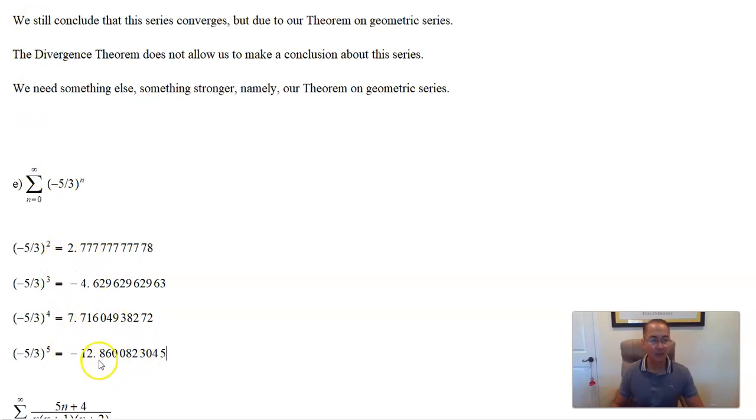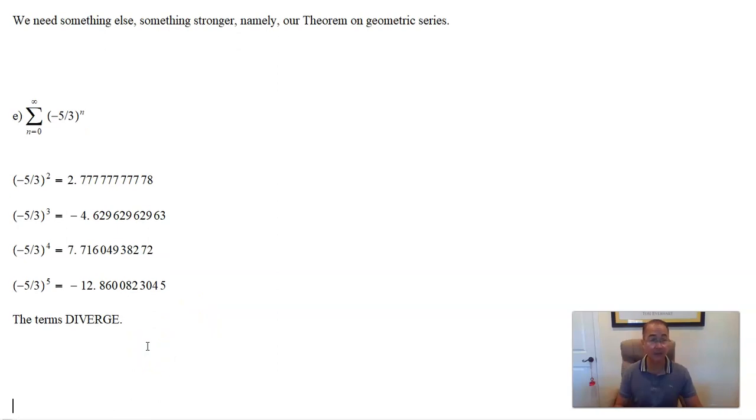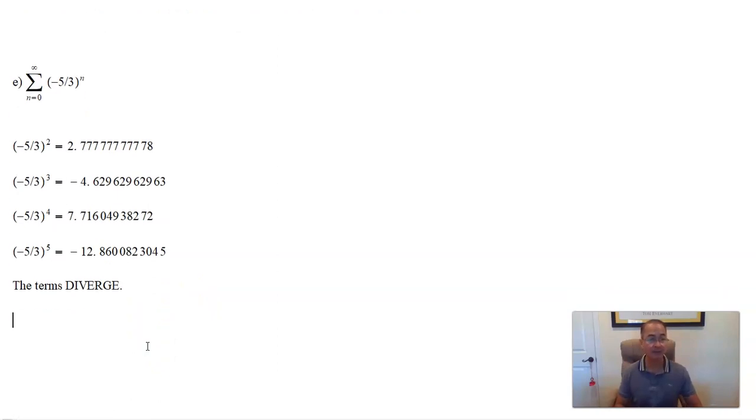All right, are we approaching 0? Clearly not, right? So I hope you remember from part 1 that in this case, the terms diverge. They don't diverge to infinity, they don't diverge to negative infinity, because you can get big positive numbers, but also big negative numbers. Okay, so you're not approaching plus infinity or minus infinity.